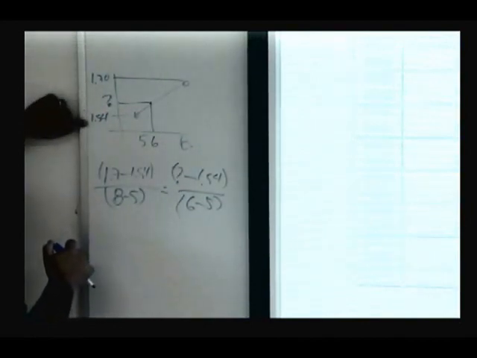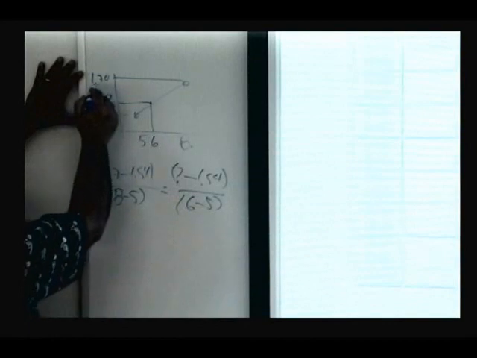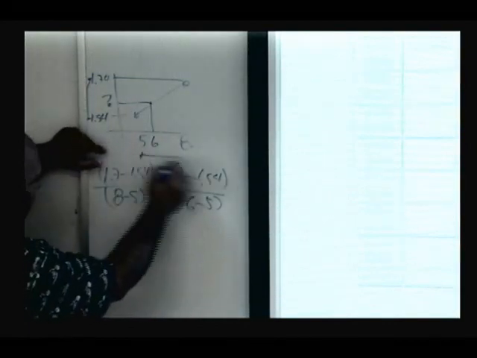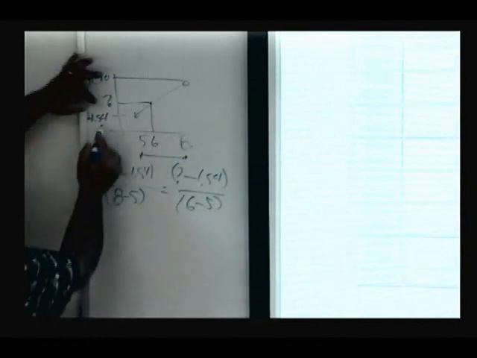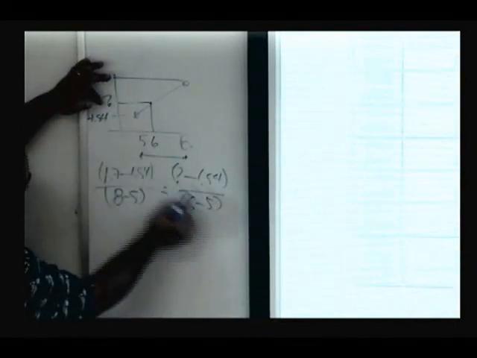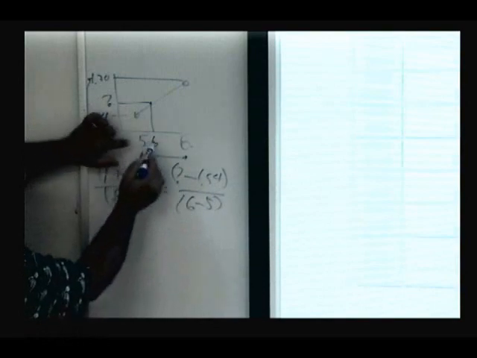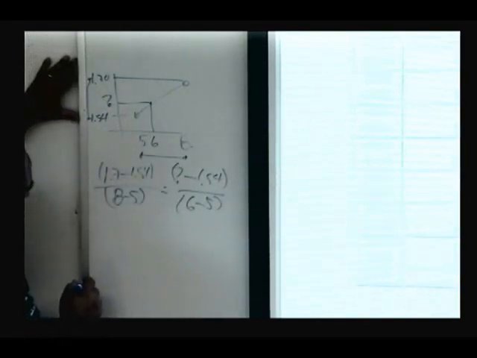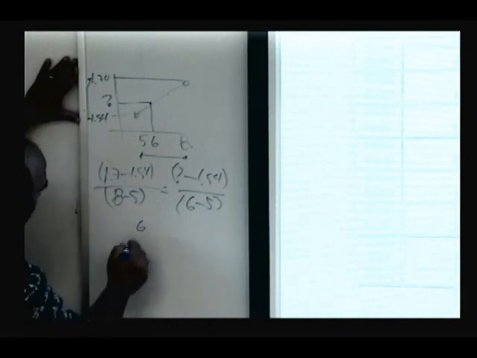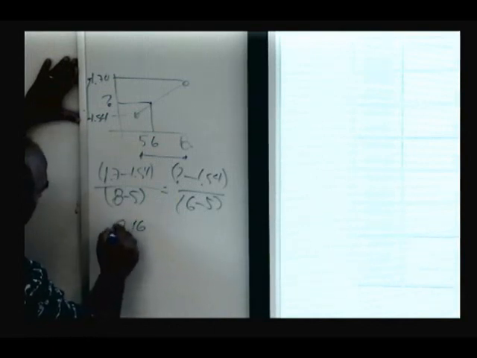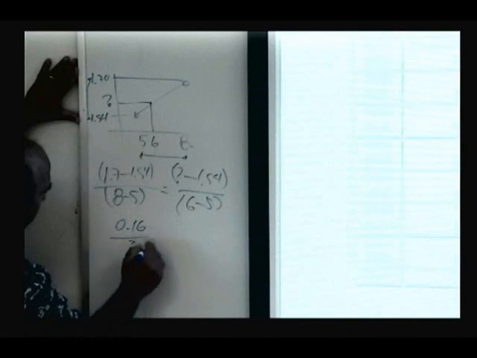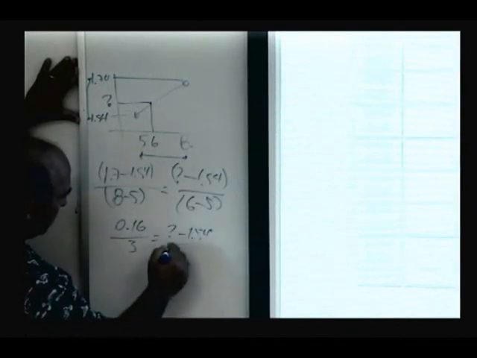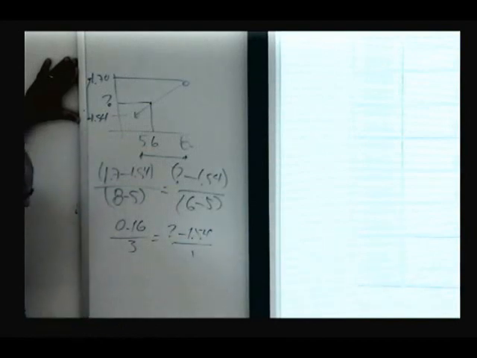So 1.7 minus 1.54, this segment up here, is to 8 minus 5, this big segment, as the smaller one, unknown minus 1.54, is to 6 minus 5, right? So 1.7 minus 1.54 is 0.16 over 3 equals unknown minus 1.54 over 1, right?